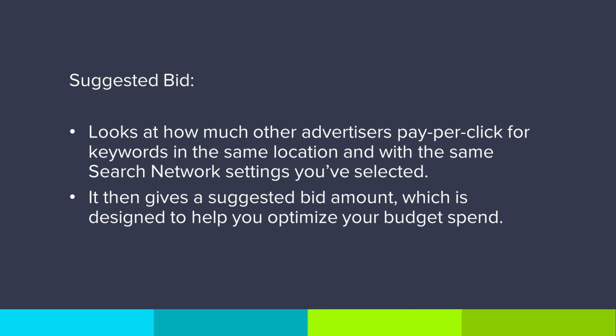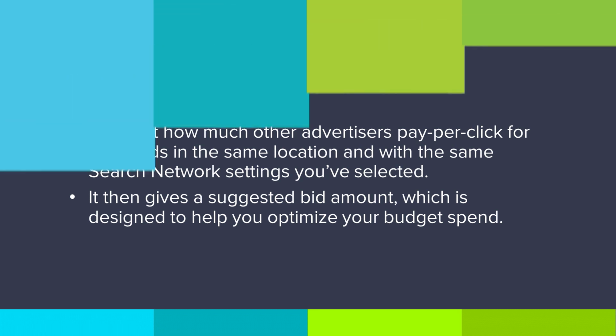Suggested bid looks at how much other advertisers pay per click for keywords in the same location and with the same search network settings that you've selected. It then gives you a, you guessed it, suggested bid amount, which is designed to help you optimize your budget spend. Now, the suggested bid is not set in stone, as these are only estimates. Don't copy the exact bid amount when you are bidding for these keywords.